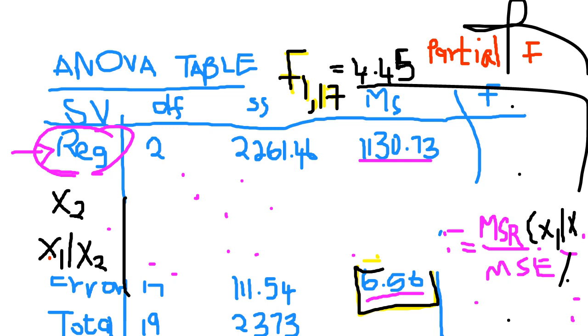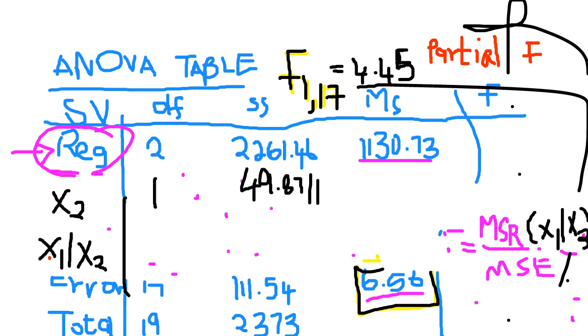From yesterday's class, we've done this. SSR of X2. I'm told it's 49.8711. What is the degrees of freedom of X2?